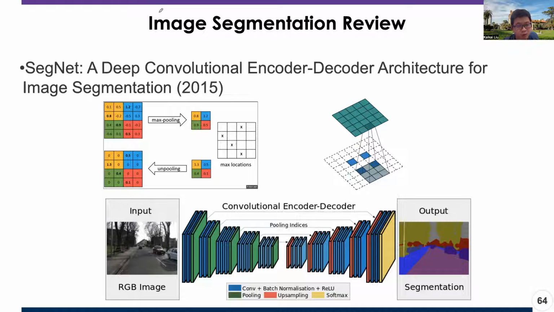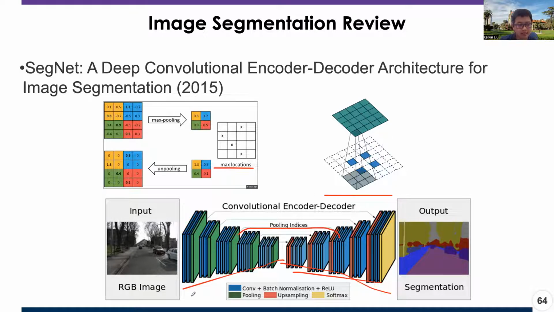For example, in the previous class, we talked about the encoder and decoder network architecture. And we share the pooling indices, because in the decoding stages we want to do the deconvolution. If we know the location of the pooling, it will help the deconvolution process.